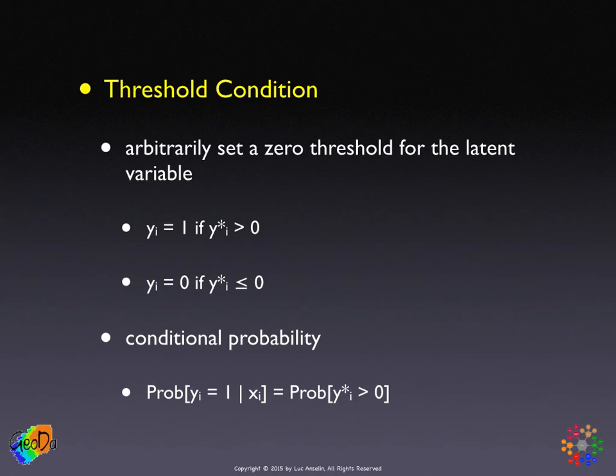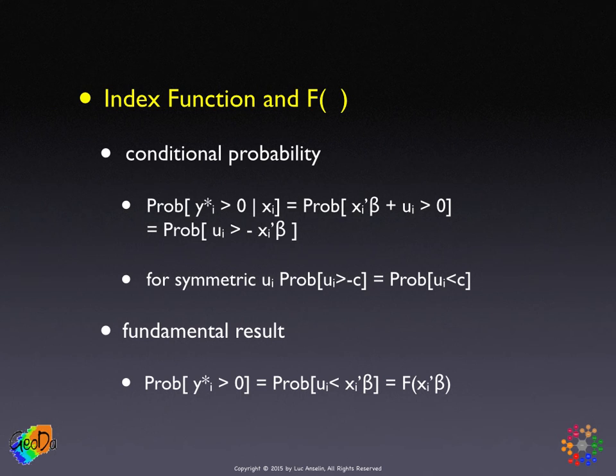So we still need to figure out a way to connect this latent variable to observables so that we can have a condition in observables that we can connect this to, because so far this is purely conceptual. So we come up just as before with an index function and a given probability function.